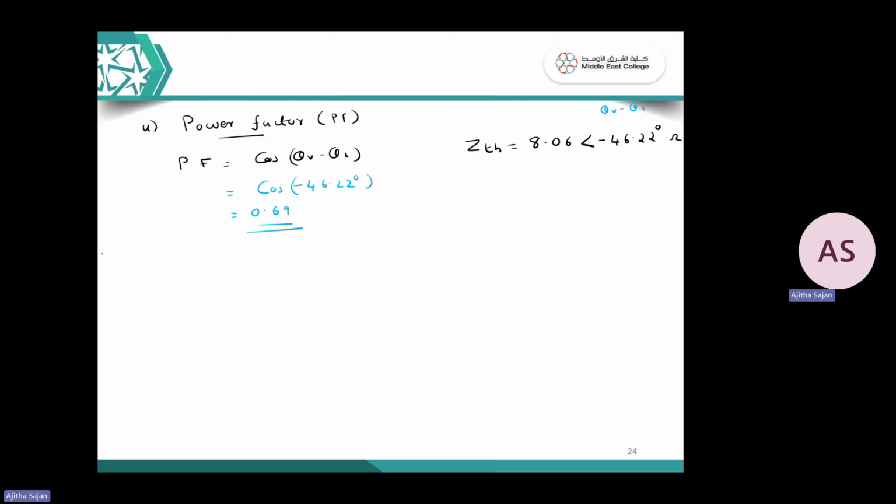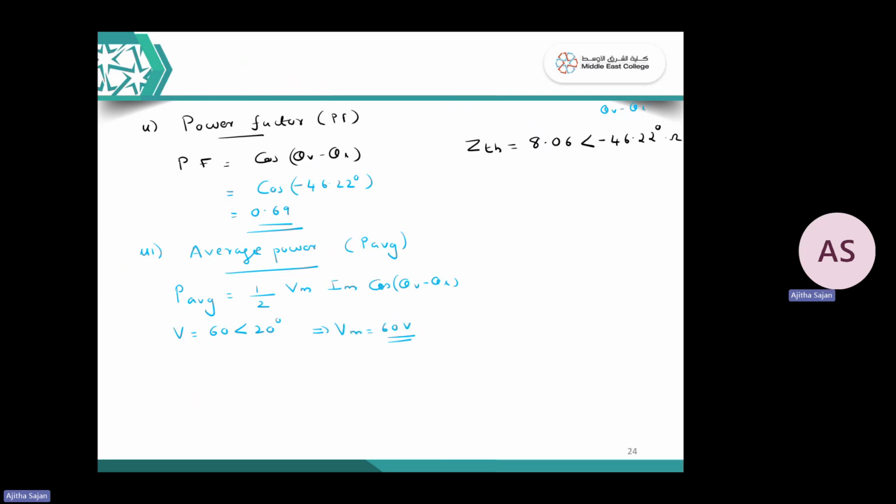So now the third part, you need to calculate the average power. It is nothing but P average. So what is P average? P average is equal to half Vm Im cos theta V minus theta I. Now you have here V is nothing but 60 angle 20, right? It is given. So what does it imply for Vm?